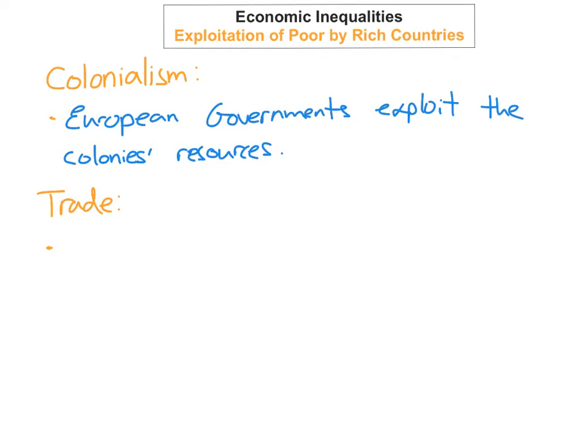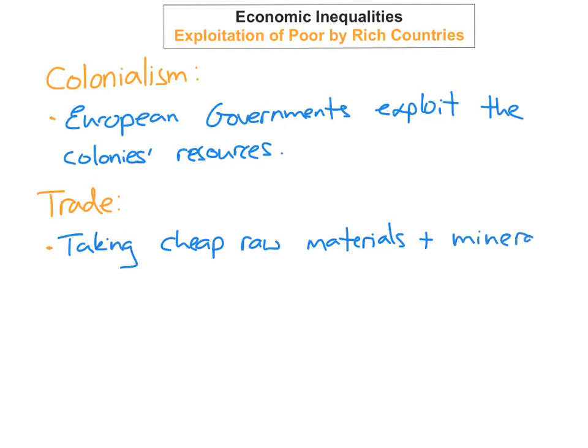These are huge reasons why these poor countries are being exploited, because rich countries are taking the cheap raw materials and minerals, and they turn them into finished goods or semi-finished goods and sell them in the rich countries, making lots of money for it.